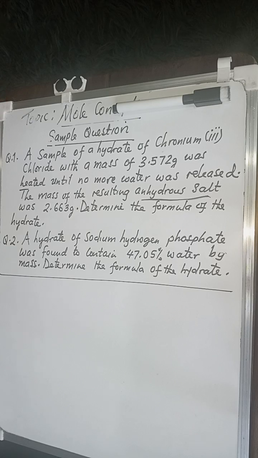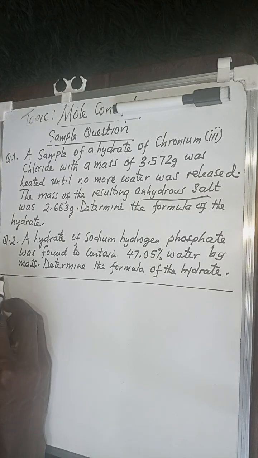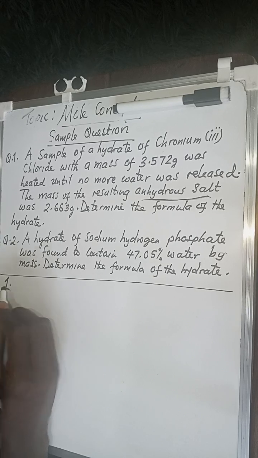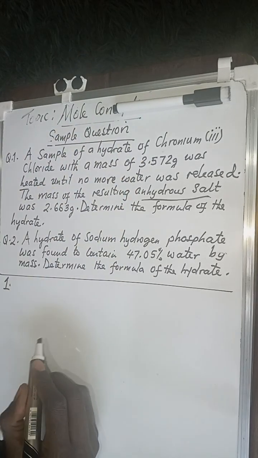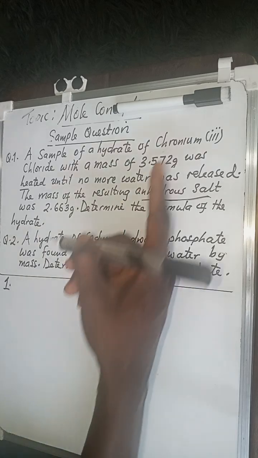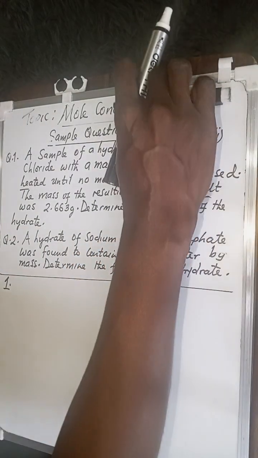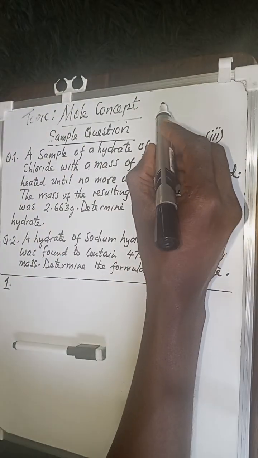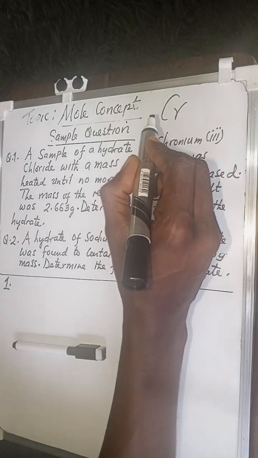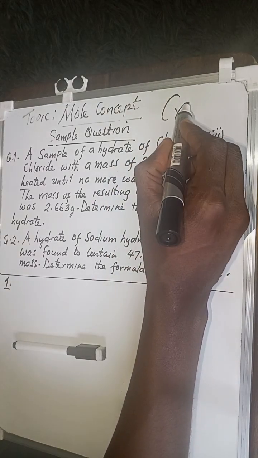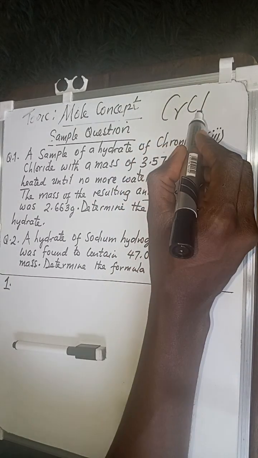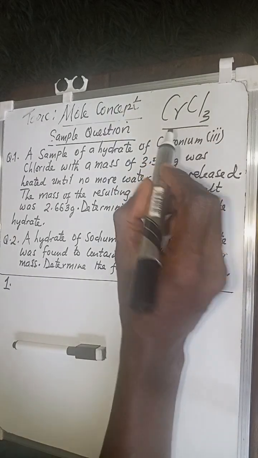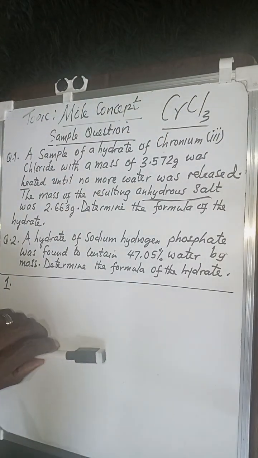Well, the first thing that you need to do is simply write the equation representing what is being talked about. They are talking about chromium 3 chloride. Chromium has a valence of 3, chlorine has a valence of 1. So the formula is CrCl3, that is the salt.